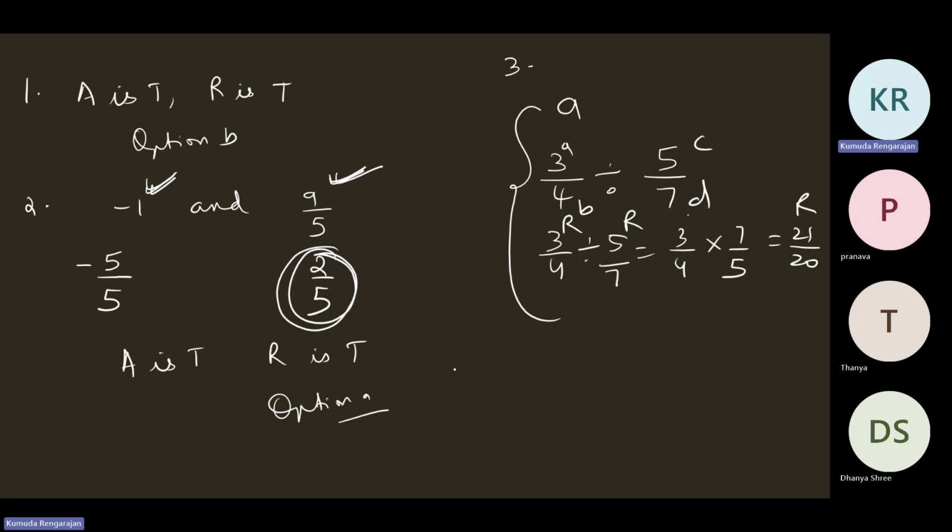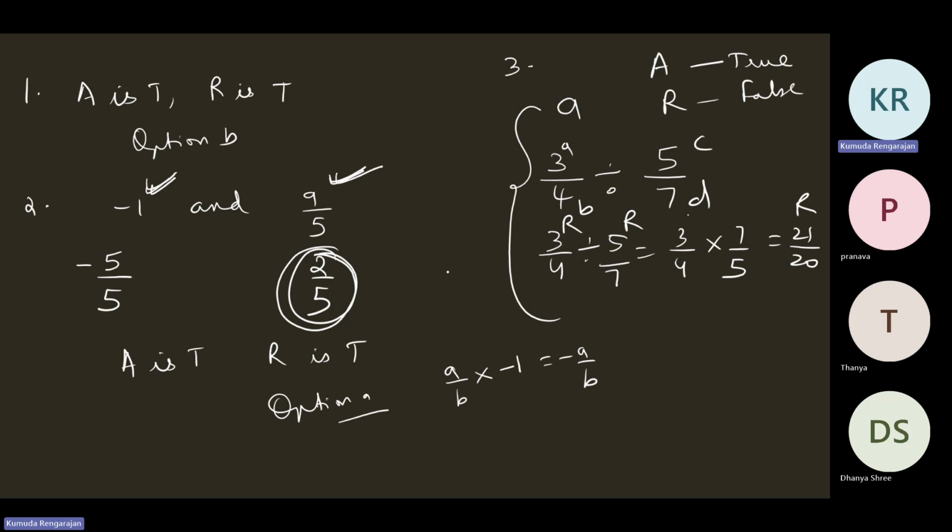And the reason: A by B divided by -1. Division becomes multiplication and the reciprocal of -1 is -1 only. What you get is minus A by B, but they have given minus B by A. So the assertion is true, but the reason is false.